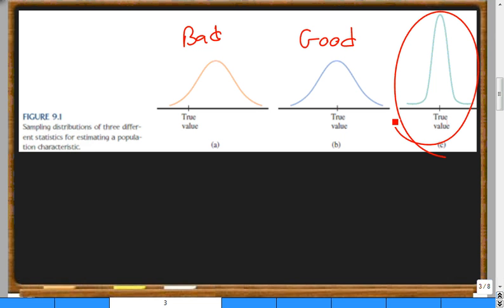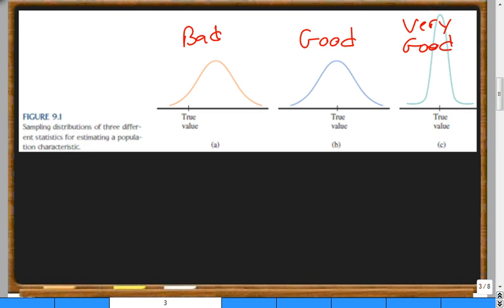Now, over here, we have a very tight curve, and our true value is right about dead on. This I would say is very good, a best case scenario. Even if the statistic happens to be biased in some way, it's obviously a very good statistic. We want a small standard deviation.